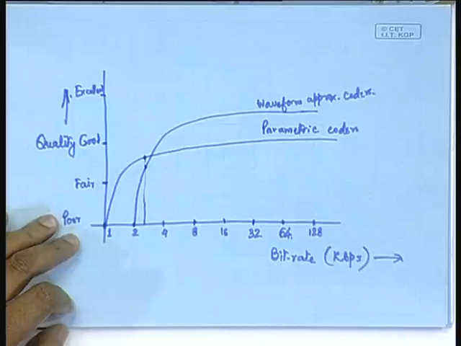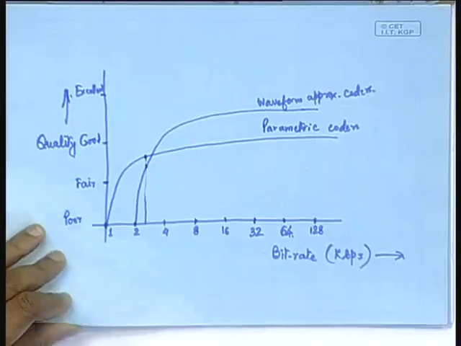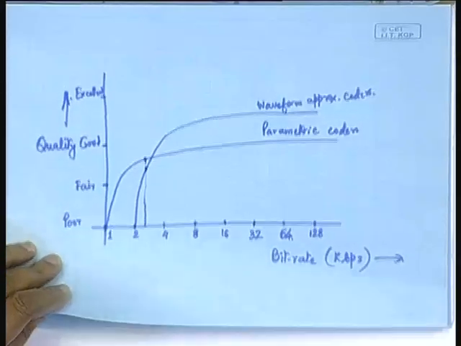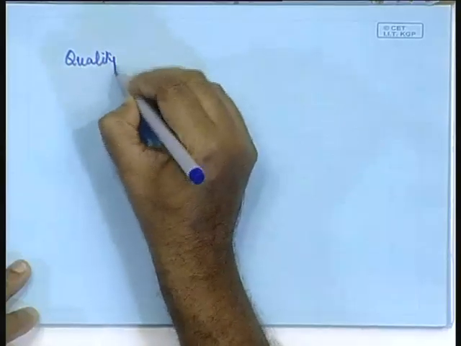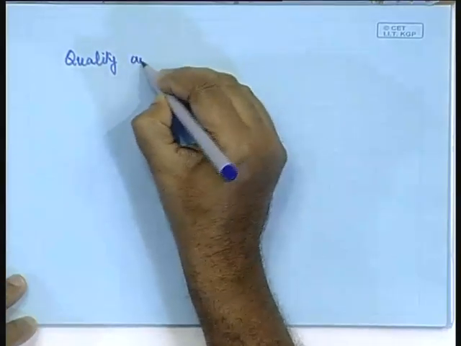Now, some of the basic objectives of speech encoding we need to understand, that is, what the quality requirements are. As I was telling you a little while back, there is always a trade off between quality and capacity.